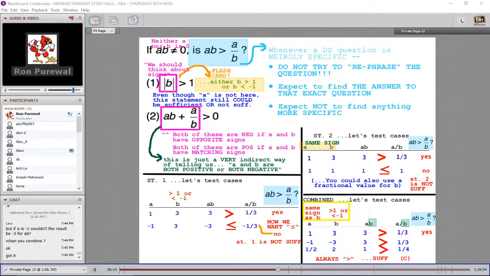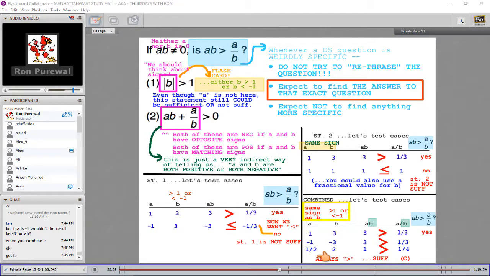I cannot emphasize this enough. If you try to rephrase a question like this, it's going to bite you in the butt. Don't do it. Leave the question alone, because that is almost certainly going to be the thing that is addressed, and nothing else is going to be addressed.